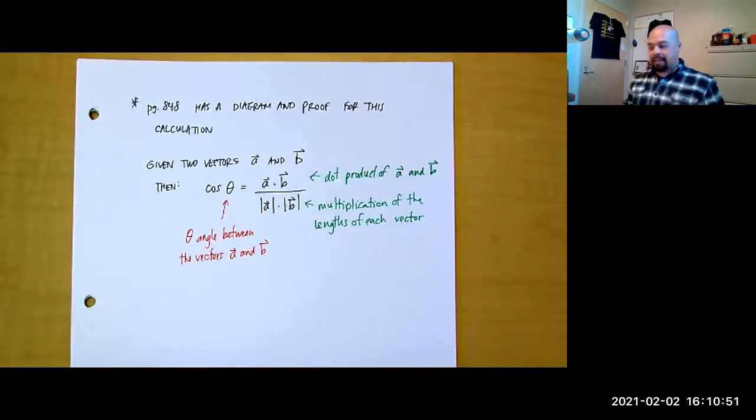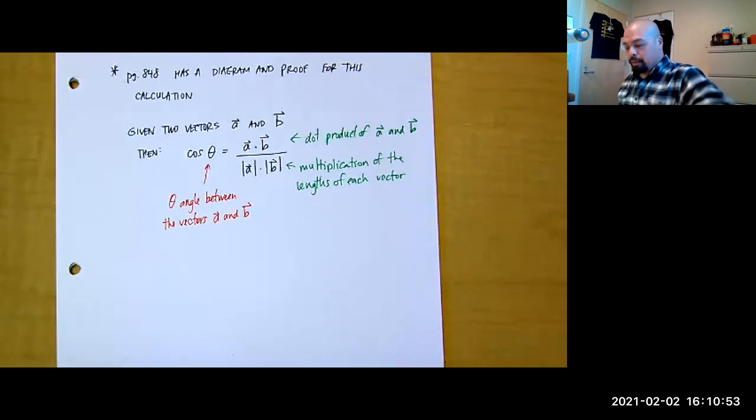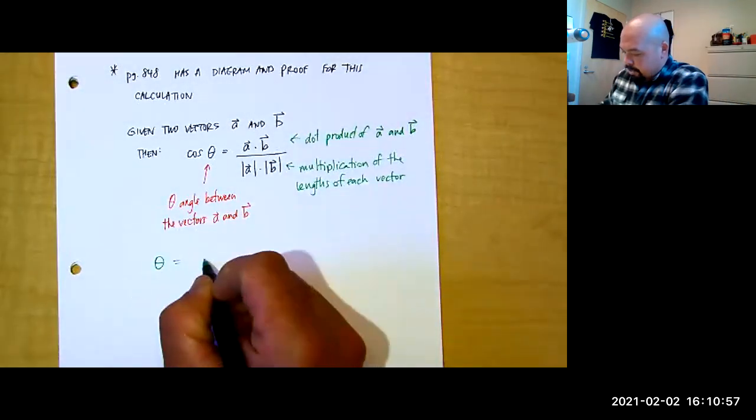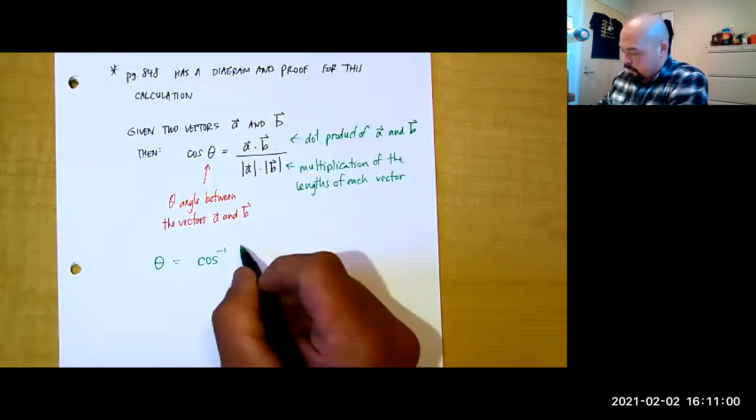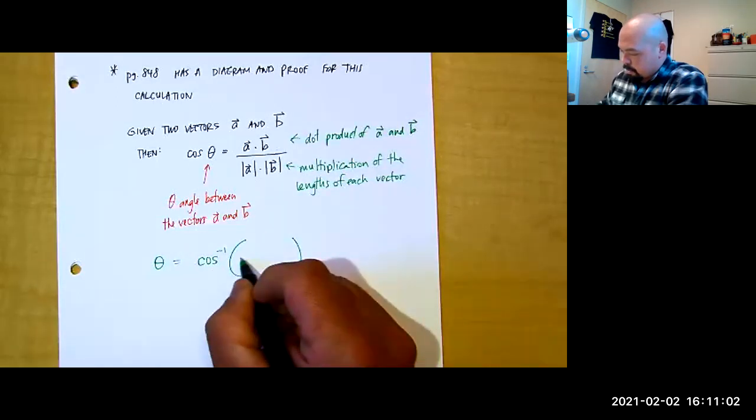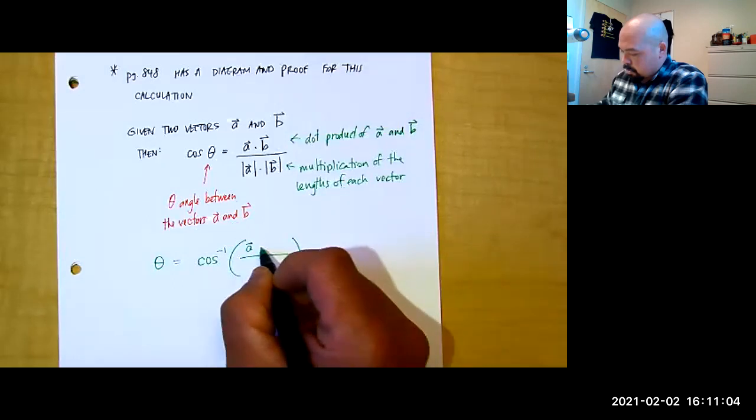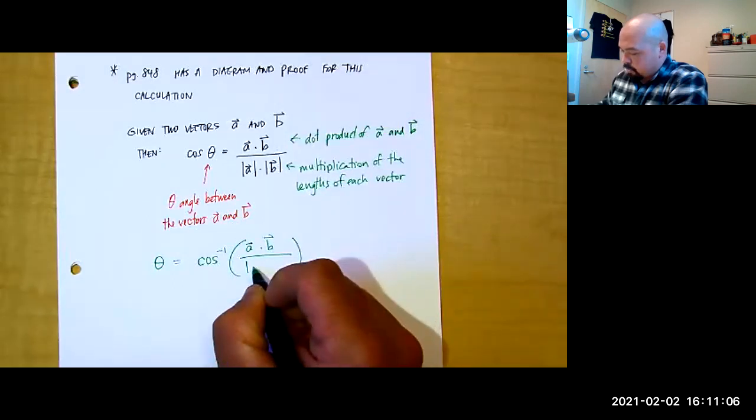Right? And so if we want to actually find that angle, it's just going to be that inverse cosine of that calculation.